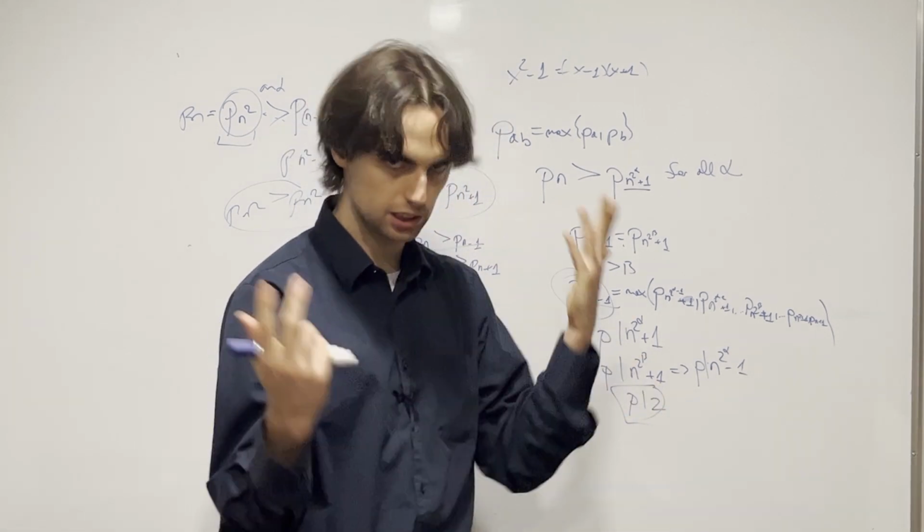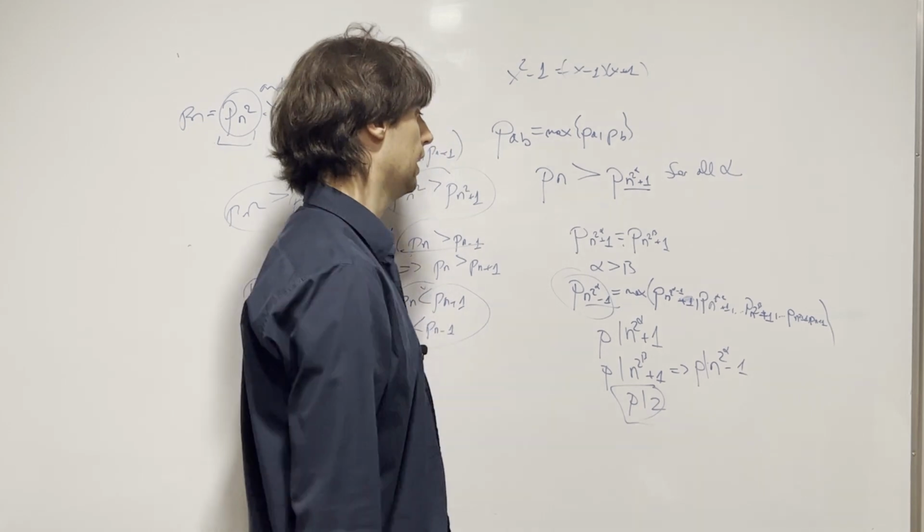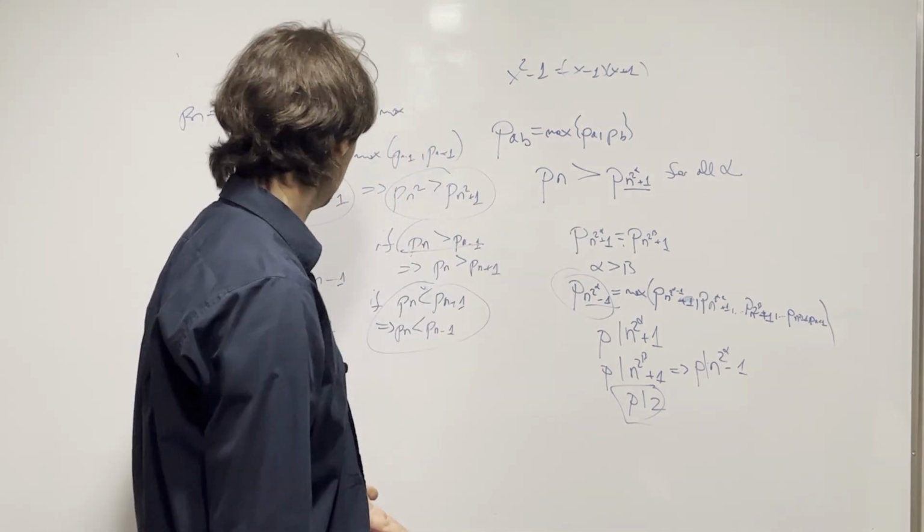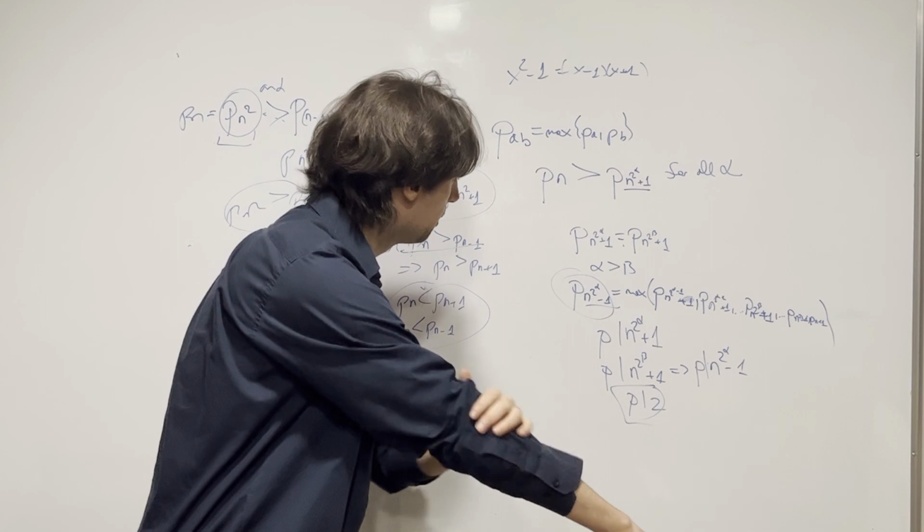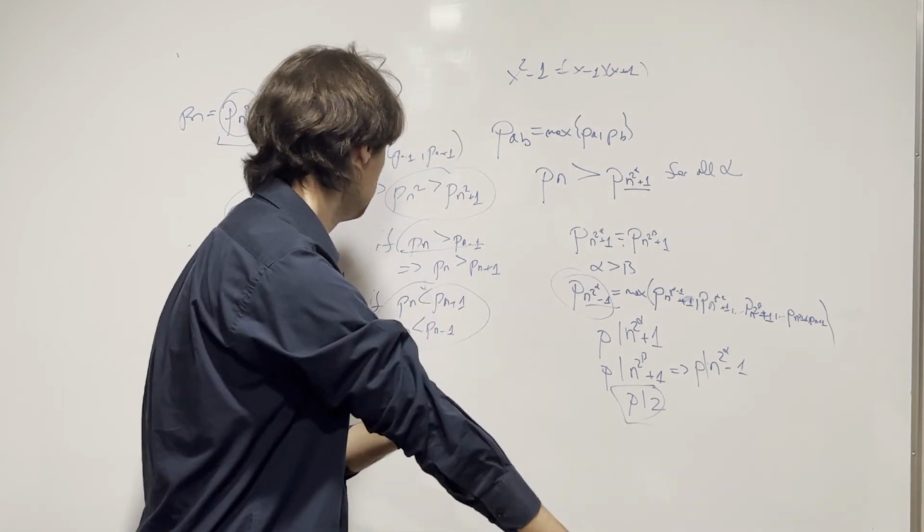All right, this highest prime power would need to be 2. However, let's just make n to be, what can we make n be if n is even?